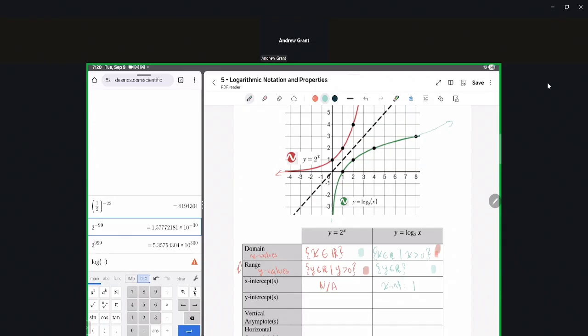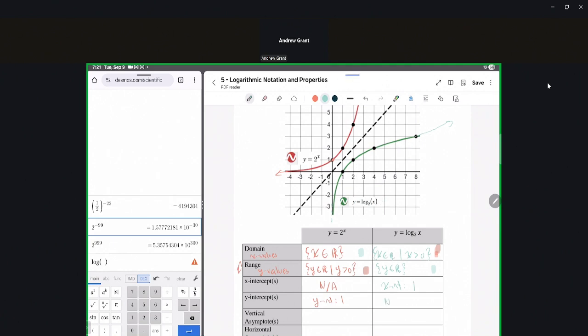What about a y-intercept? Well, we can see that the red function, y equals 2 to the power of x, crosses the y-axis here at 1. So it has a y-intercept of 1. By a similar token, the logarithm, y equals log base 2 of x, has no y-intercept.